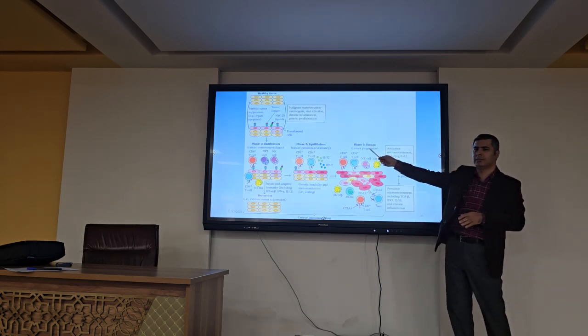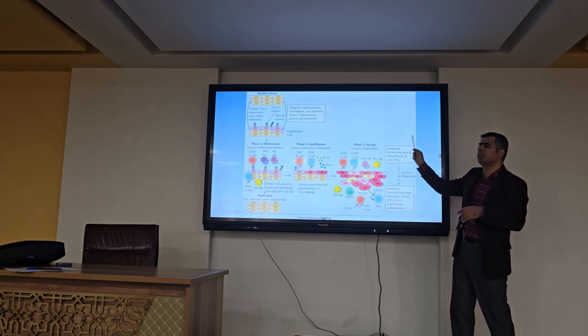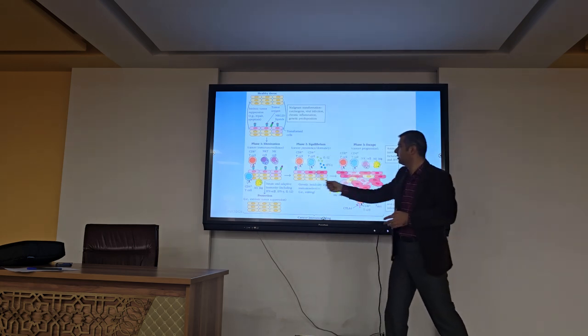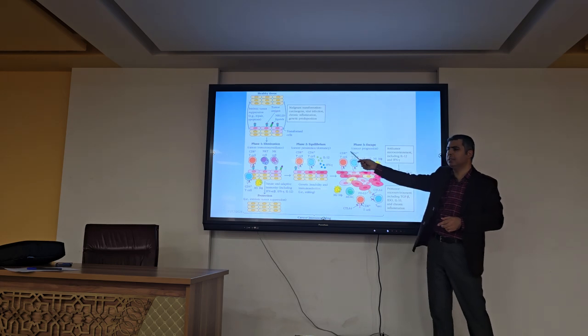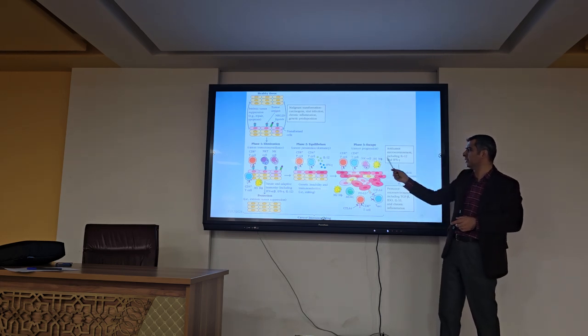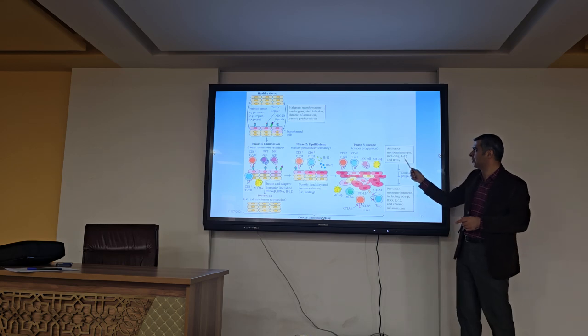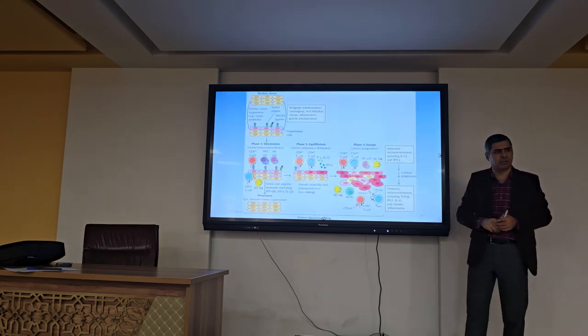Escape phase. In the elimination phase, we had an anti-tumor immune response: CD8 positive cells, CD4 T cells, NK cells, M1 macrophages, and inflammatory cytokines, interleukin 12 and interferon gamma.